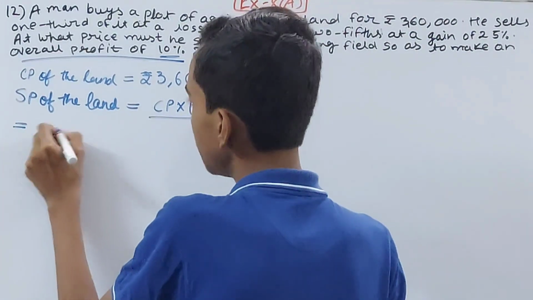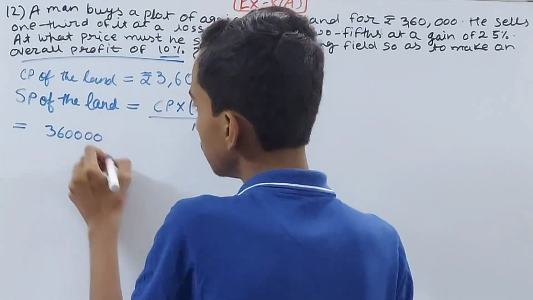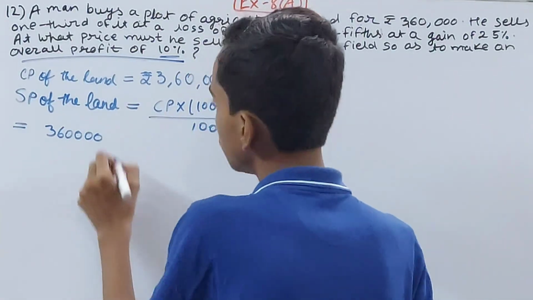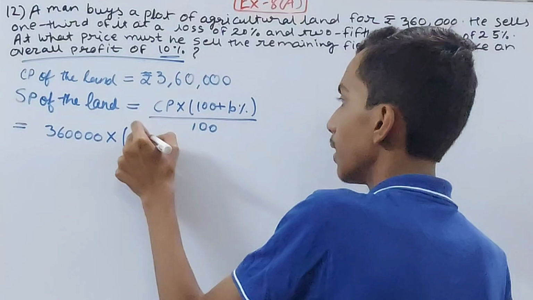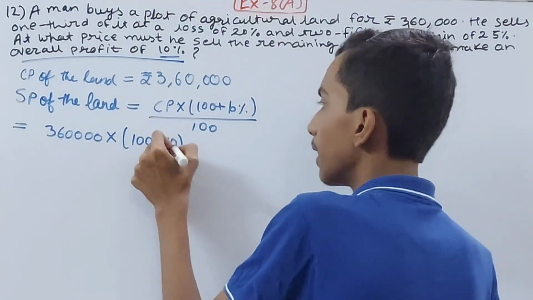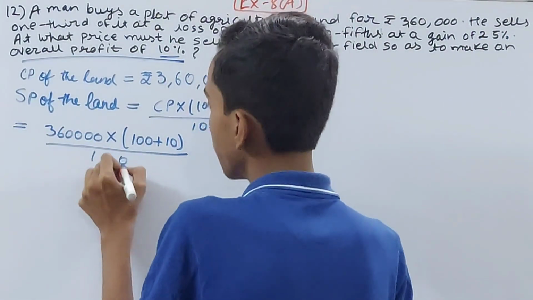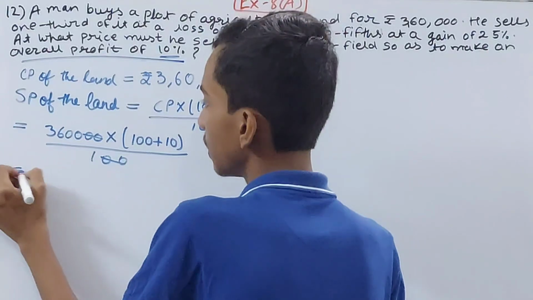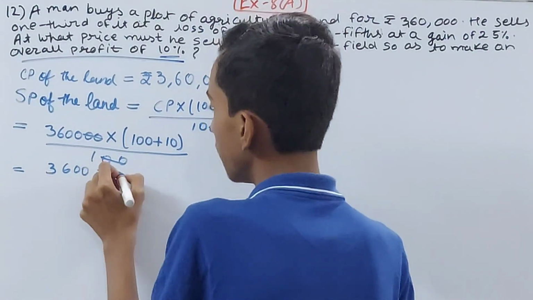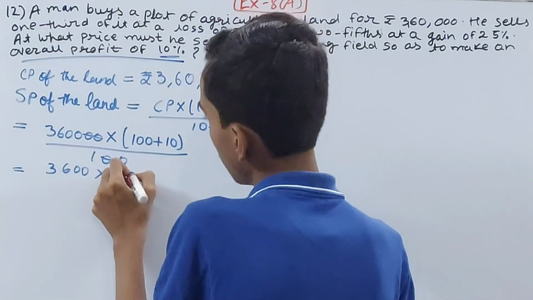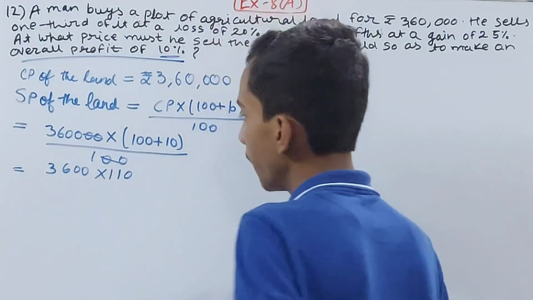So CP is 3,60,000 into 100 plus profit percent, so 100 plus 10 whole upon 100, right? Very clear. This zero you can cancel now. 3,600 into 110, right?